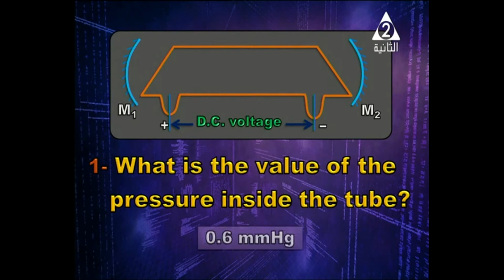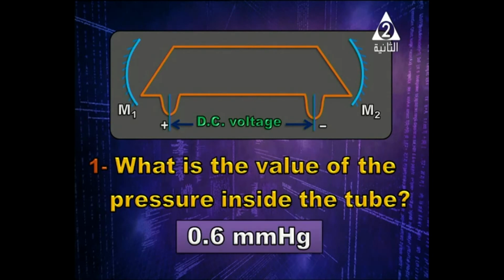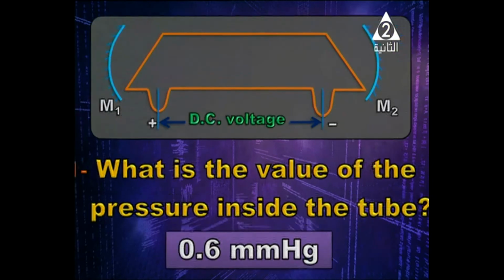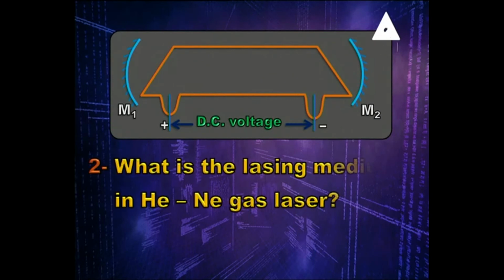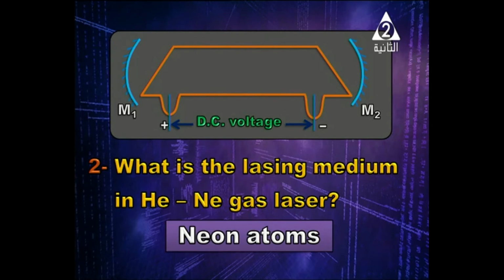It is 0.6 millimeter Hg. What is the lasing medium in the device? In a helium neon gas laser, what is the medium which gives us the laser light we want? It is neon, of course, neon atoms.